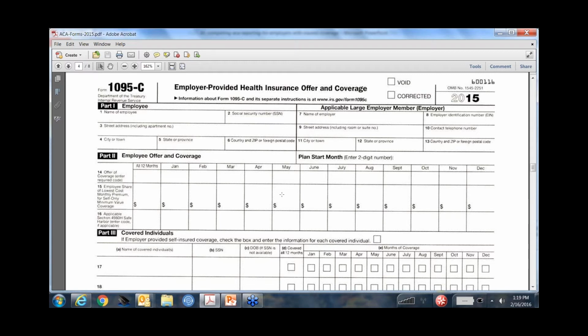Well, no. What you'd be doing in that situation is that since you have a stability period that starts December 1st, you would only report and give a 1095C to somebody who you determine during that measurement period to be full-time, and you offer them coverage as of December 1st. So let's say that person was full-time, and you offer them coverage, and they took it.